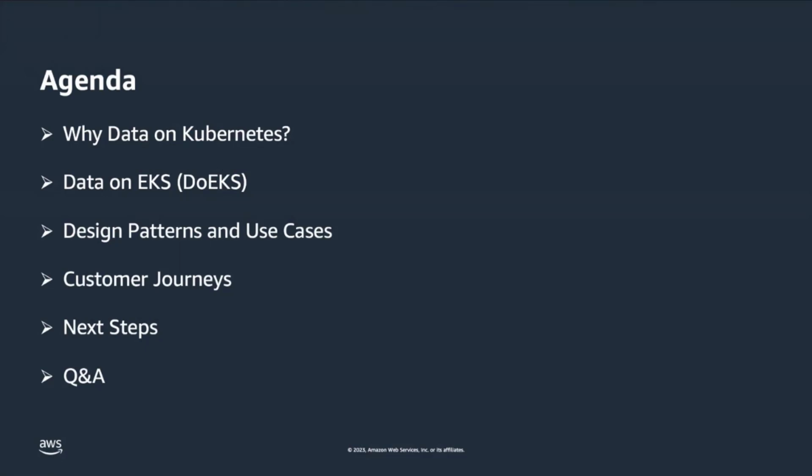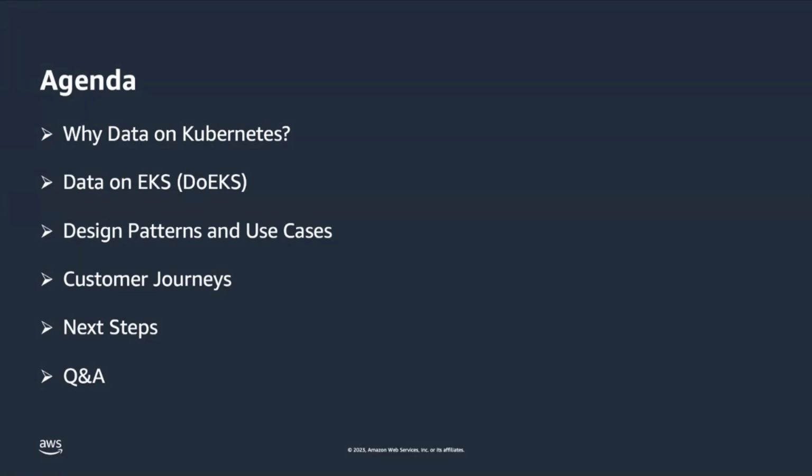A little bit about the agenda today. We're going to start to talk a little bit about the growth and transition within the Kubernetes space in terms of data, why folks are choosing to run data processes on Kubernetes. Then we're going to talk about one of the programs that we're running this year, Data on EKS.